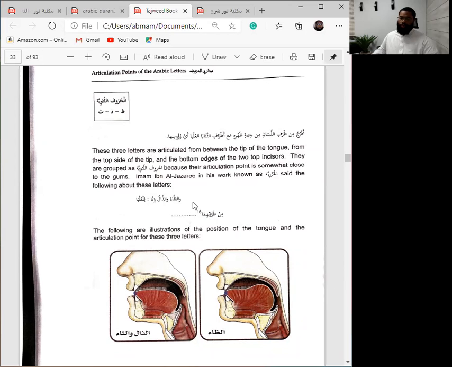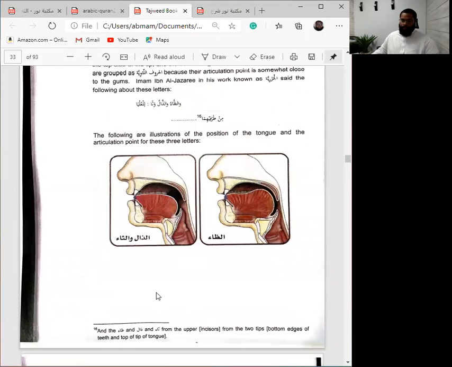Which means, the dha and dhal and tha are from the upper incisors, from the two tips, meaning the bottom edges of the teeth and top of the tip of the tongue. The illustrations here show how the tongue looks with dhal and tha.